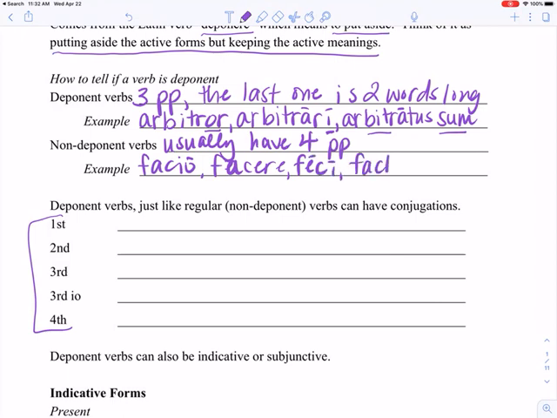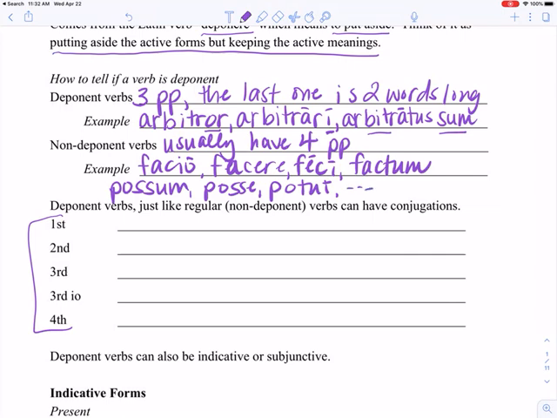Now, we just learned three irregular verbs, and if you noticed, none of them had a fourth principal part, but neither did possum. So let's use possum just as our example of one that just has three principal parts.